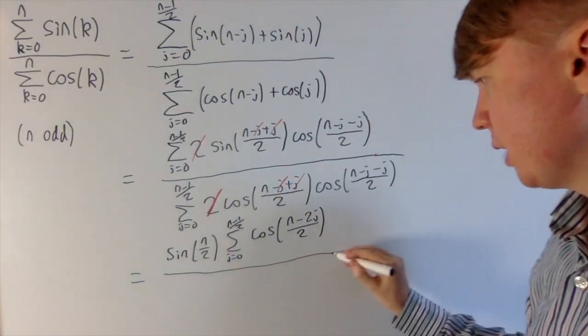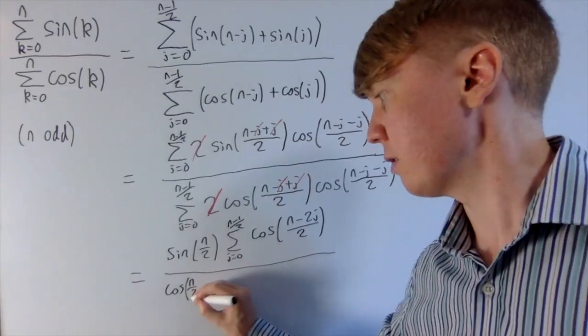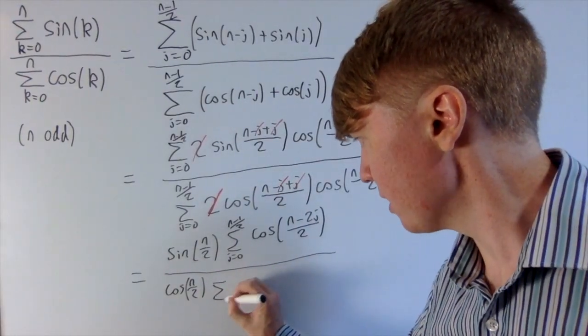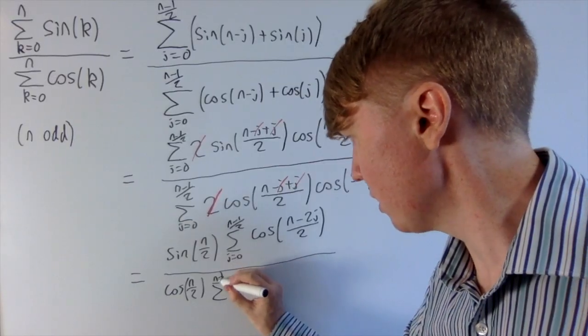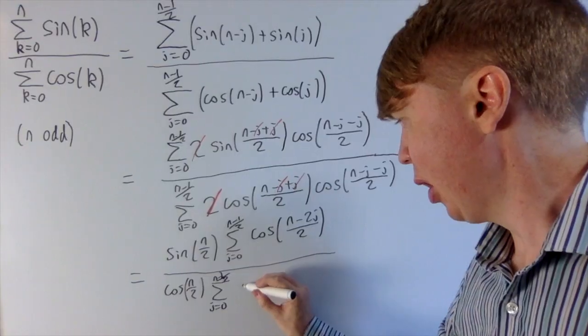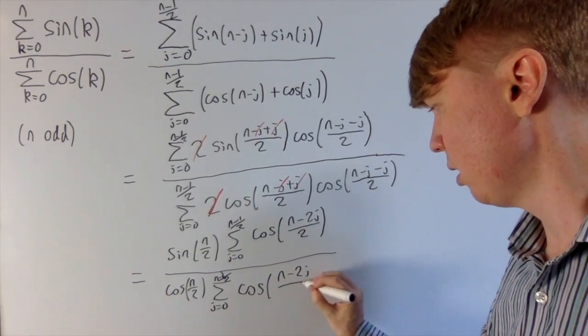Now this is all divided by cos n over 2. We can take that outside of the bracket again, that doesn't depend on j, multiplied by the same sum as in the numerator. So n minus 1 over 2, again it's cos of (n minus 2j) over 2.